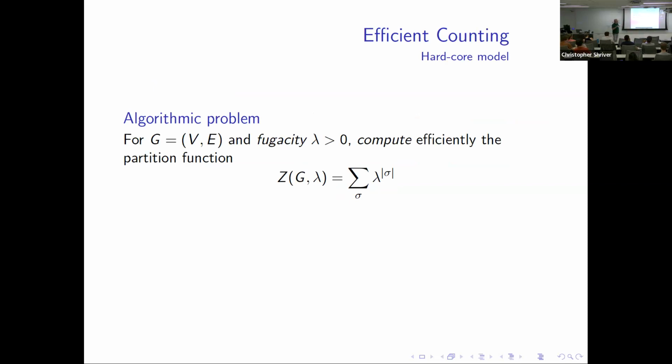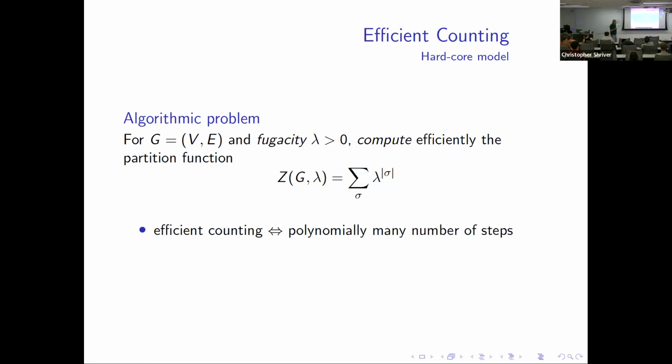So we are given a graph G, some fugacity lambda. We want to compute efficiently the partition function, Z_G of lambda, which is this nice sum here. And by efficiently, I mean an algorithm which runs in a number of steps which is polynomial in the size of the graph, the number of vertices.